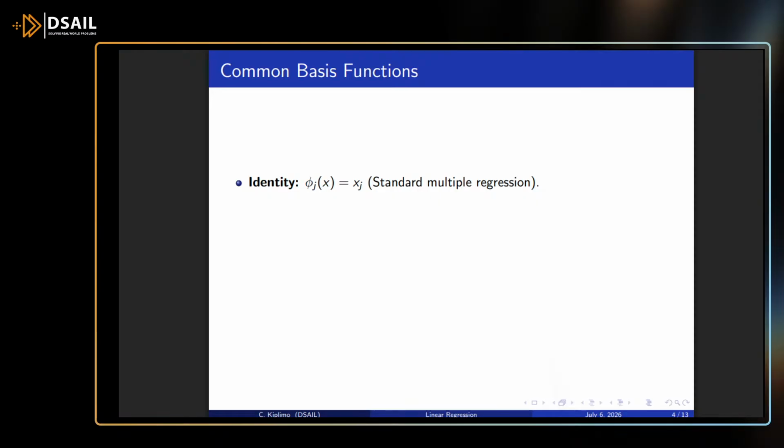This is multiple linear regression, where your function f of x is w0 times x0 plus w2 x2 plus w3 x3. It's fully linear. The x's are not raised to any power. So that's an example of a basis function.